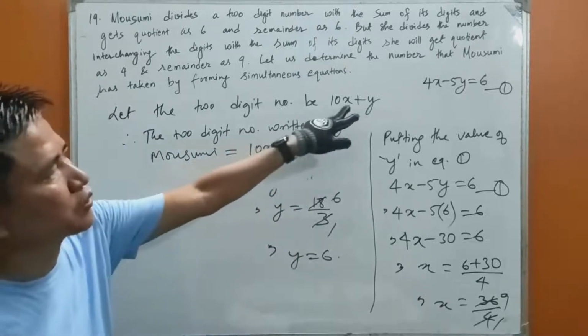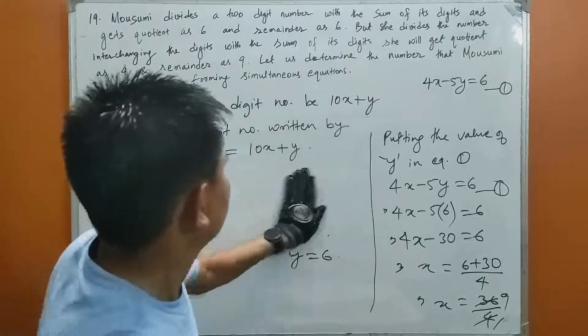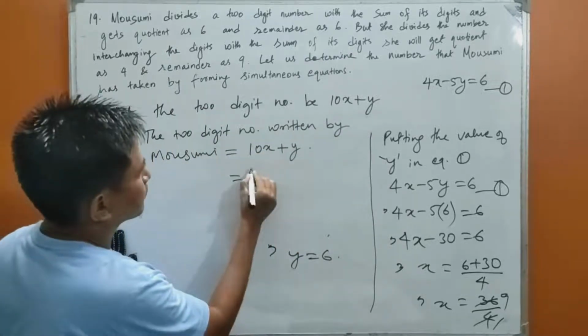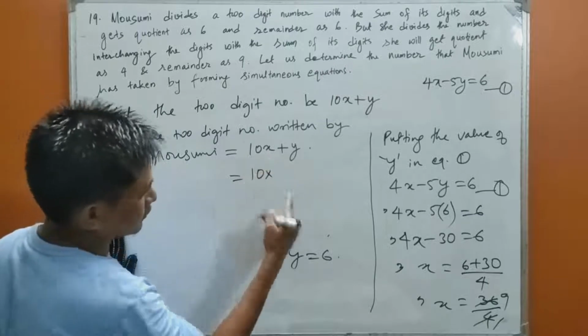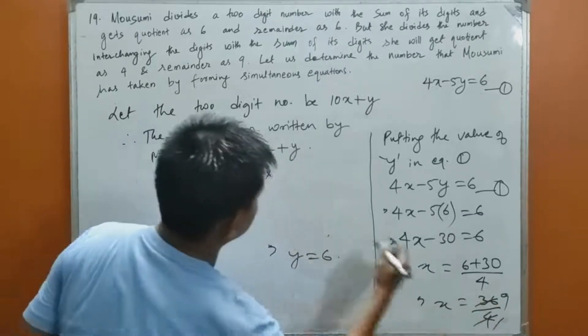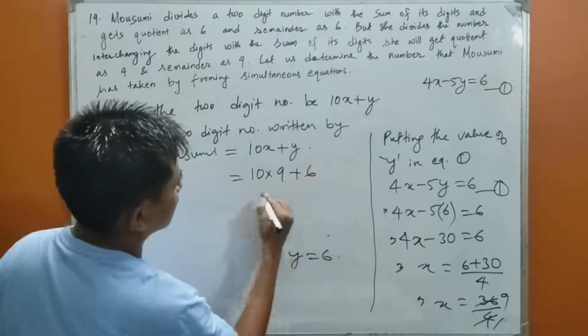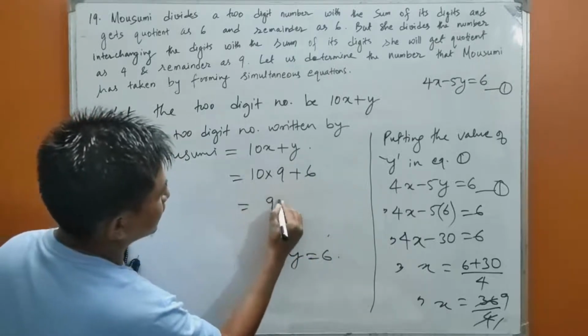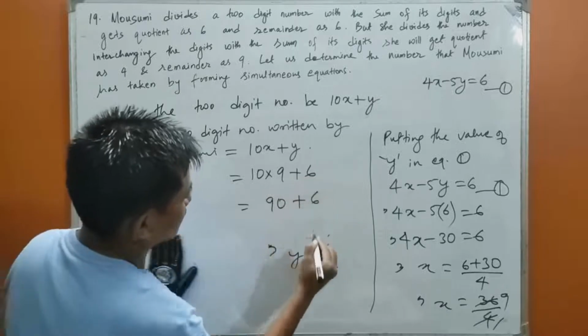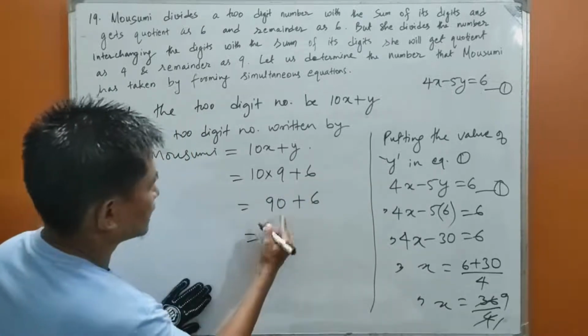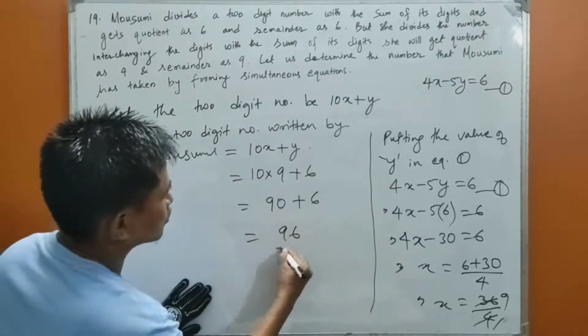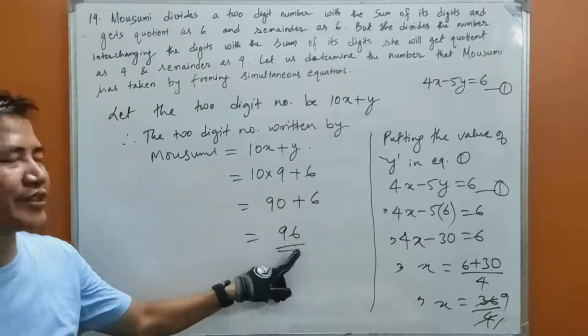This is the number which Mousami wrote. So let us put the values of x and y. 10 into x means 9 plus y means 6. So 10 into 9 is 90 plus 6. 90 plus 6 is 96. So the number which Mousami wrote is 96.